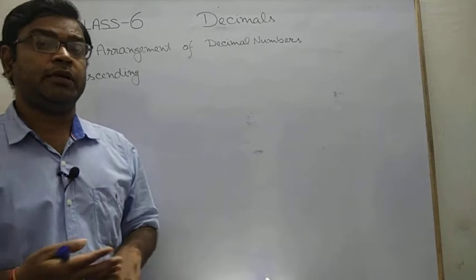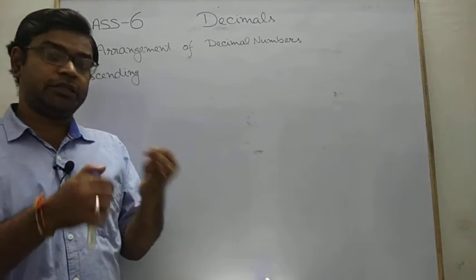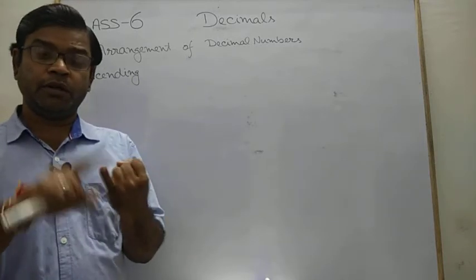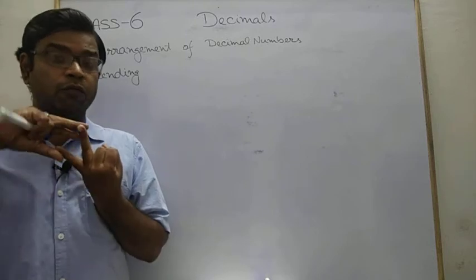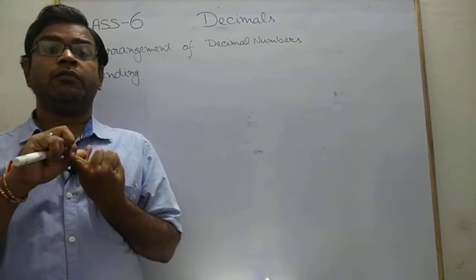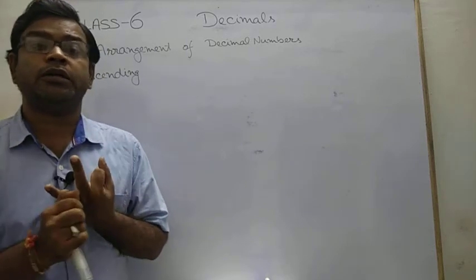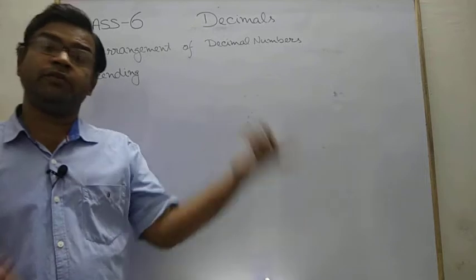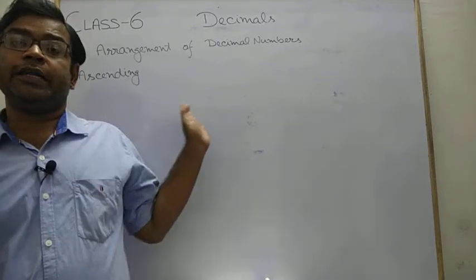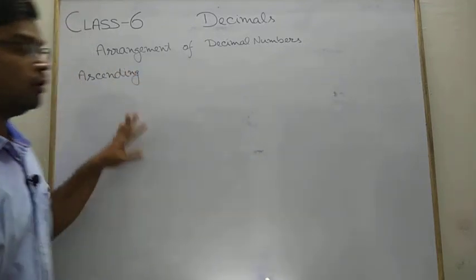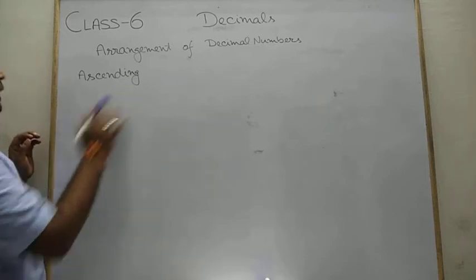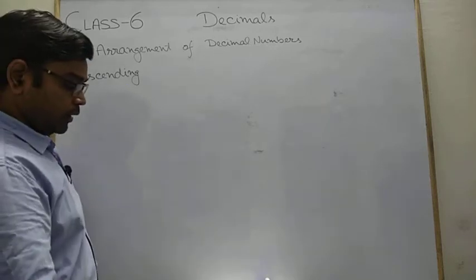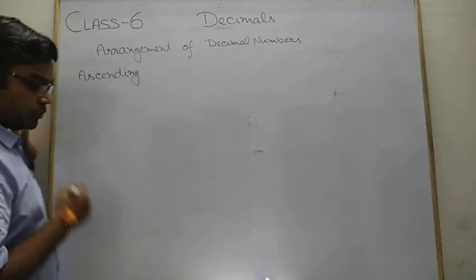Then we arrange them. Means today we first discuss how we compare two decimal numbers, then how we arrange them, and before that we discuss how we convert unlike decimals into like decimals. All topics are interlinked with each other. So in ascending order, suppose I am choosing this question.